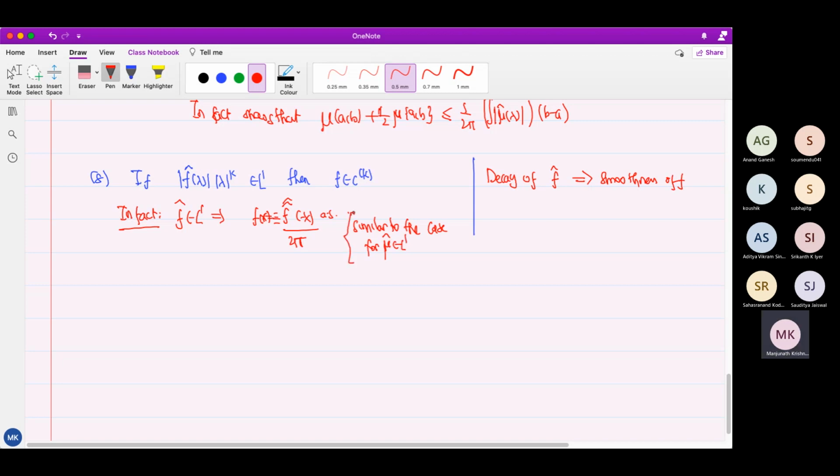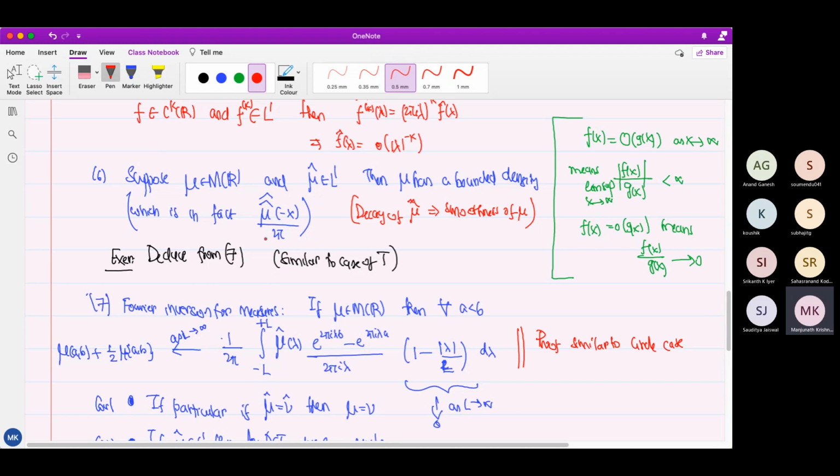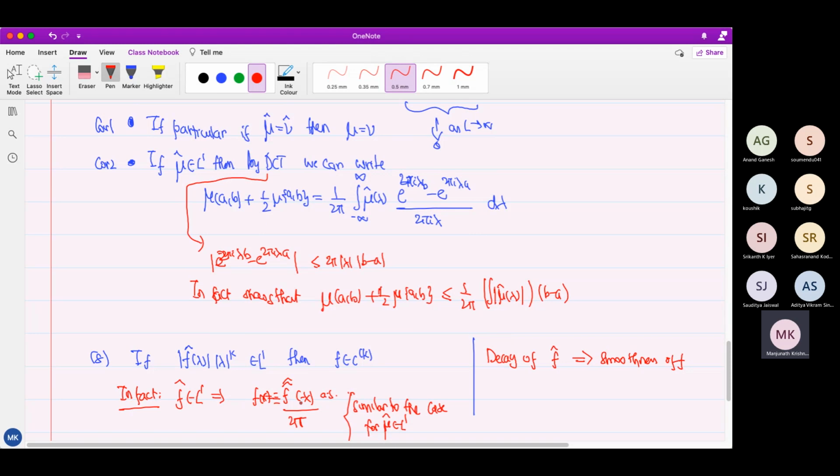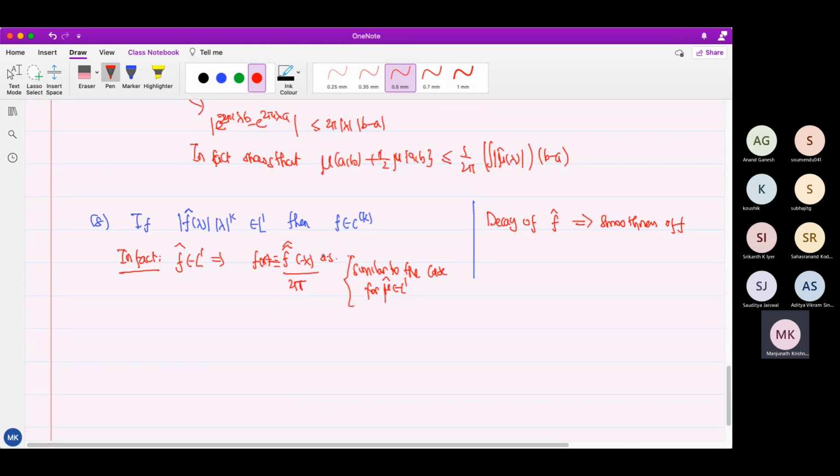We assume mu hat in L1 and prove that mu has a density which is given by this. A virtually identical proof will give you that f can be recovered from f hat like this. So let's take this. This is the Fourier inversion formula. Okay, so let's write this. So this is called the Fourier inversion formula.